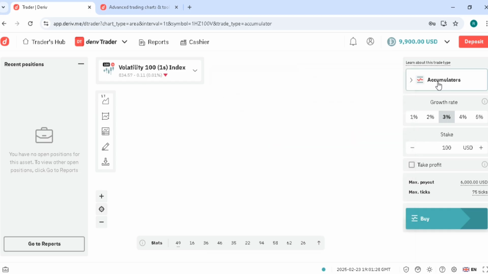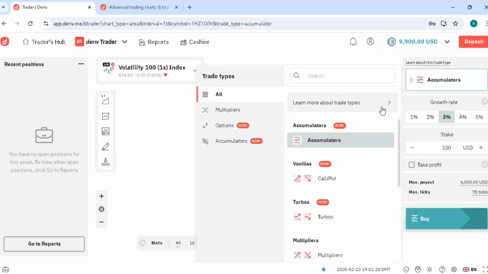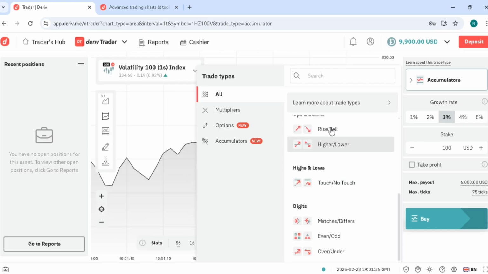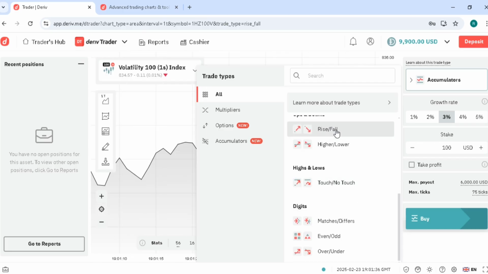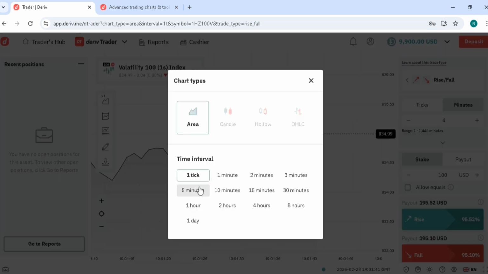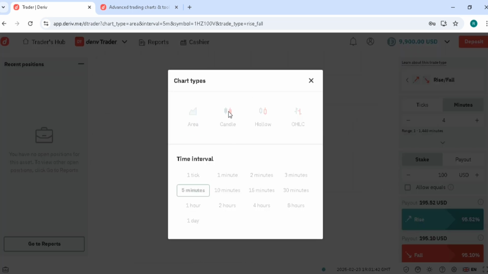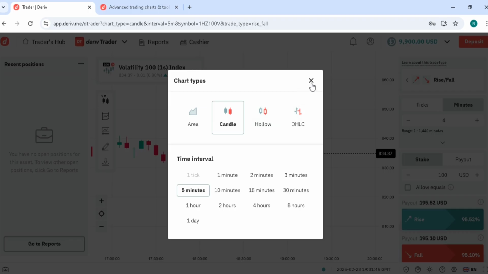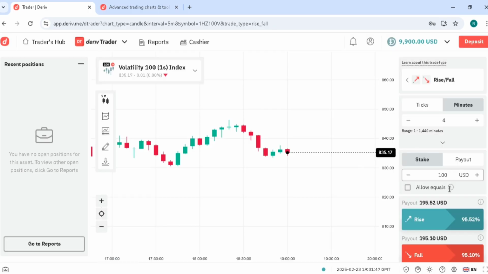Change this to Rise and Fall. It was 5 minutes, which means here we are going to use 10 minutes. I hope you remember that.